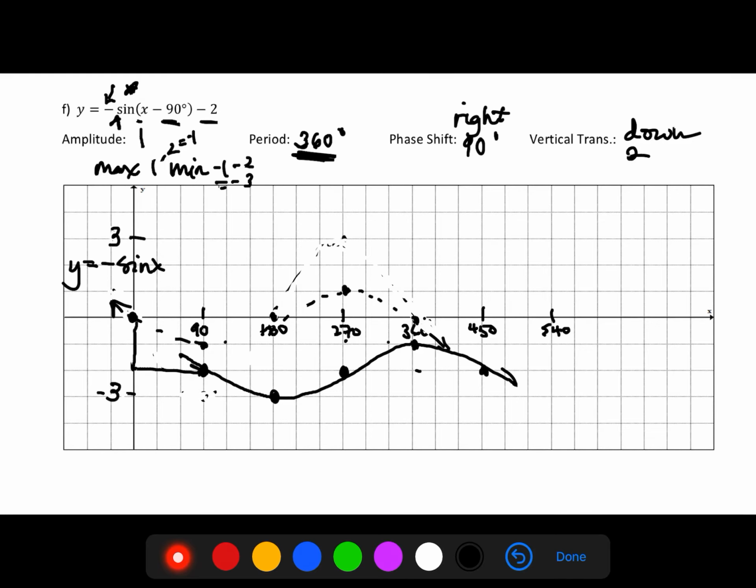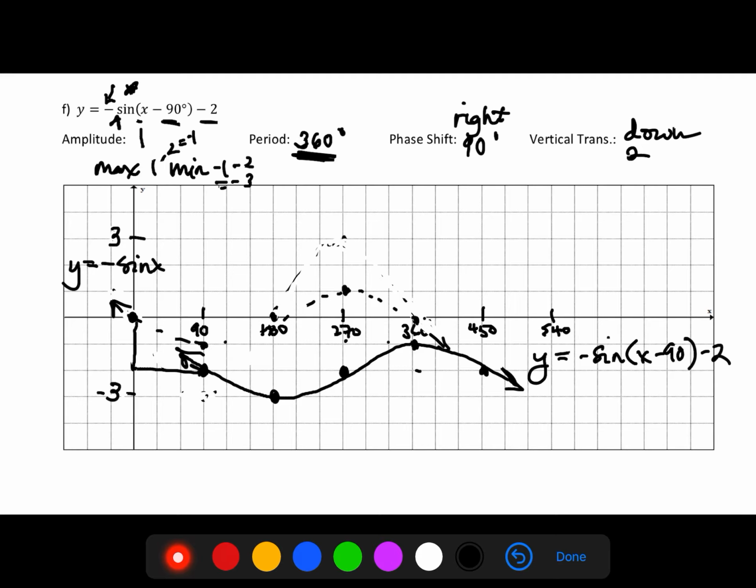And again, keeping in mind how we have scaled the graph. And there's our graph of y equals negative sine x minus 90 minus 2.